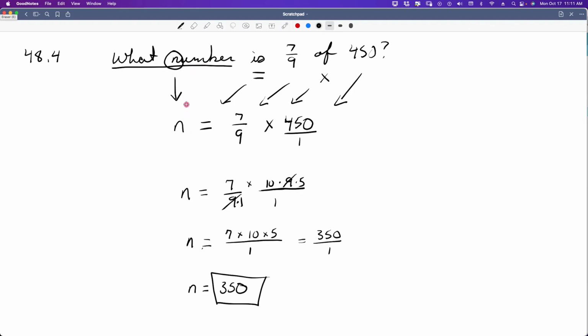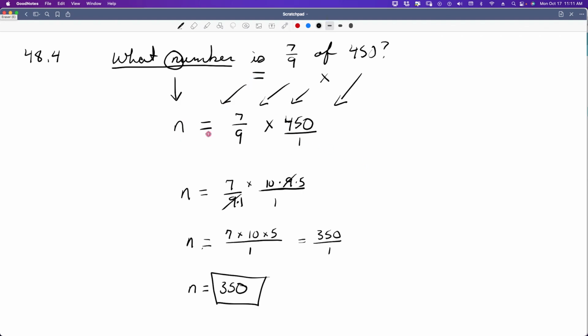What number is a question? Number starts with N, so N is my variable. You can use X, you can use Y, you can use whatever you want. That just makes it easy to relate back to the number sentence that we have, or the word problem that we have, because I can draw that parallel in my mind.